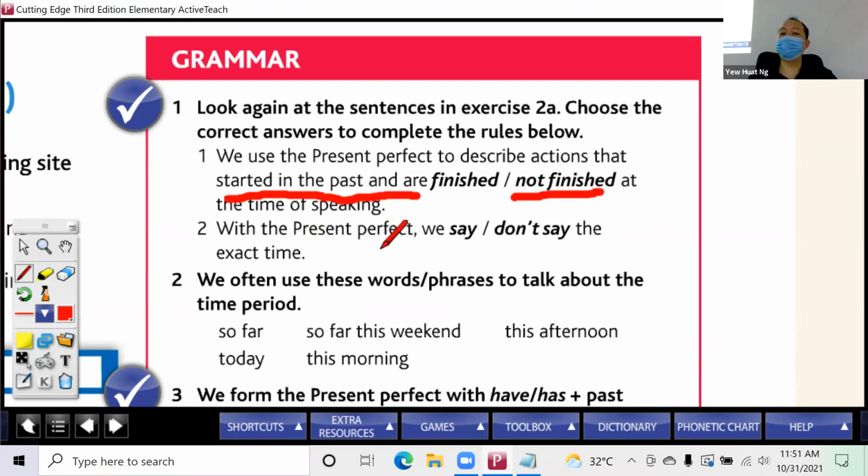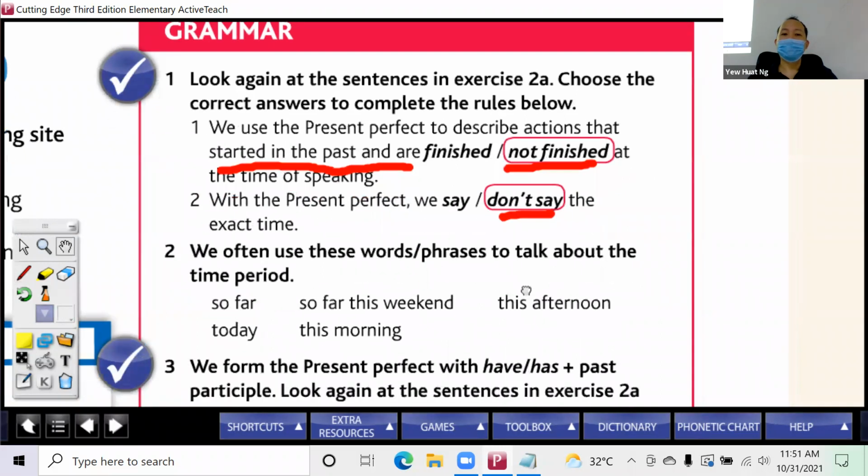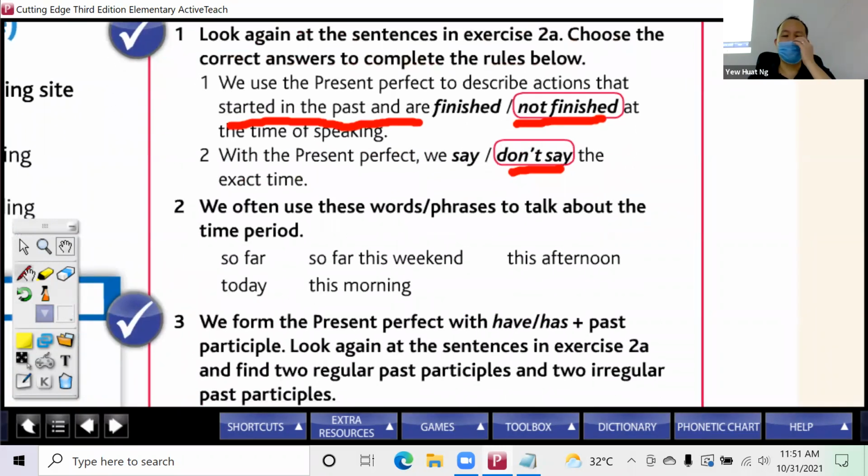With the present perfect tense, we don't say the exact time. Tim, do you need me to explain this? You understand this, right? Okay. So we often use words like so far, today, so far this weekend, this morning, this afternoon.